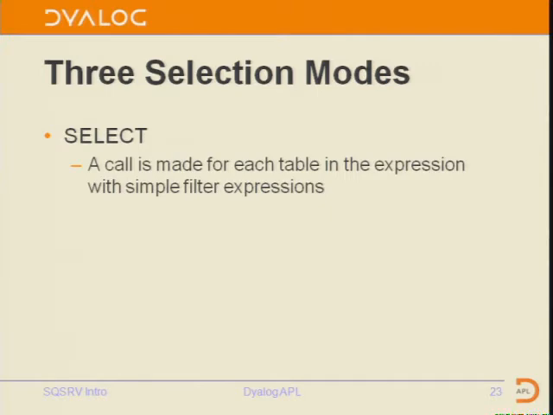You parse the query, figure out which tables you need data from, and then you just call me once for each table with the filter information that you know can be used to filter what comes out of that particular table. And all of that is handled by the infrastructure.